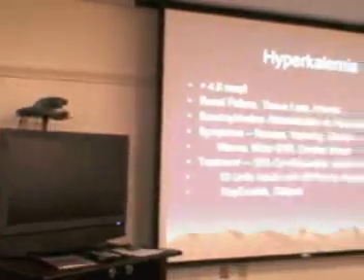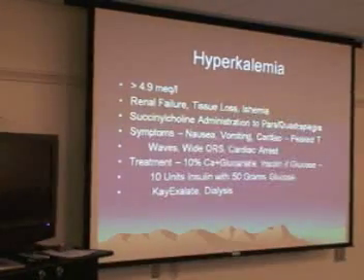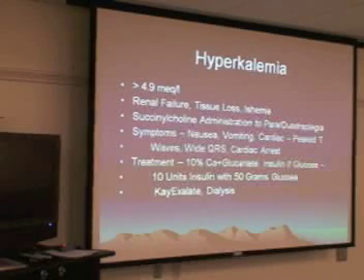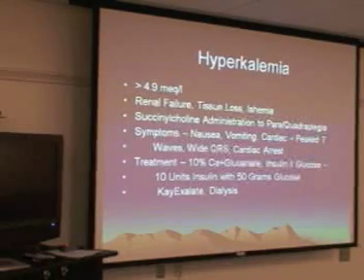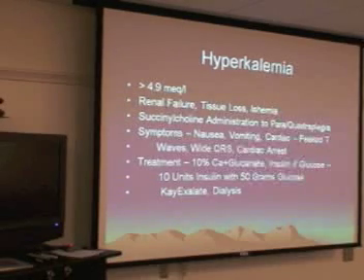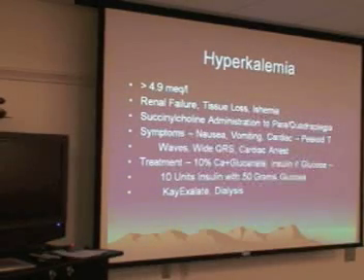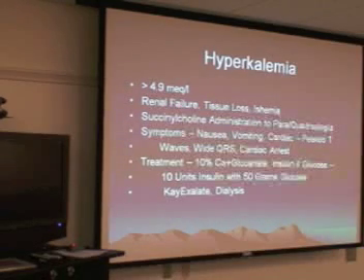Symptoms are nausea, vomiting, and primarily, as most of you know, cardiac: peaked T waves, wide QRS, and then cardiac arrest. Treatment: 10% calcium gluconate, insulin glucose infusion, 10 units of insulin, 50 grams of glucose, Kayexalate if you have time, and dialysis emergently in some patients.